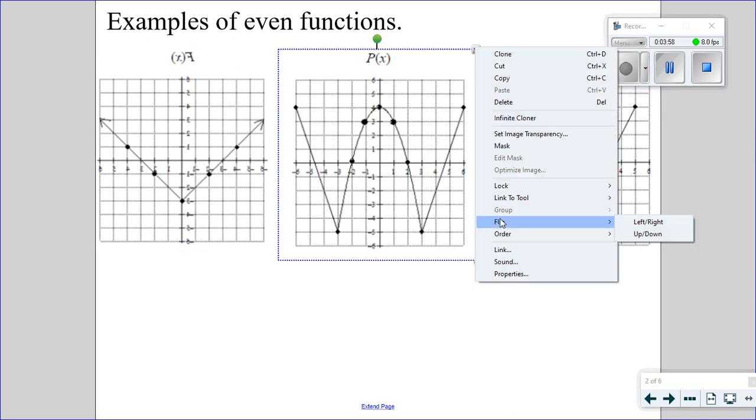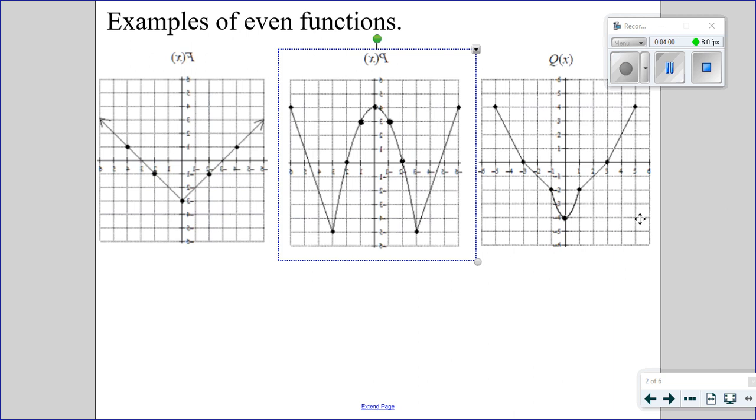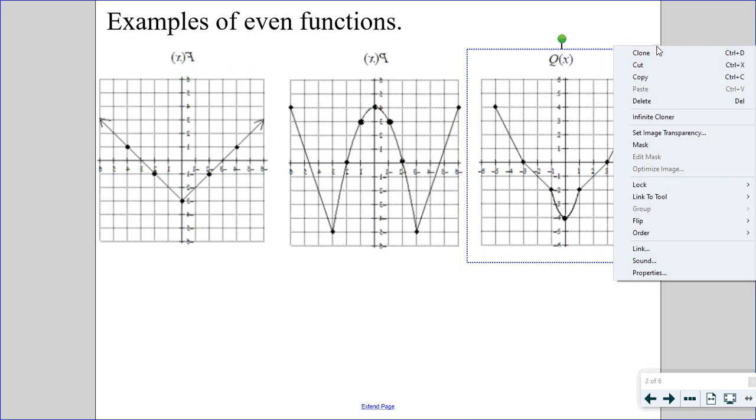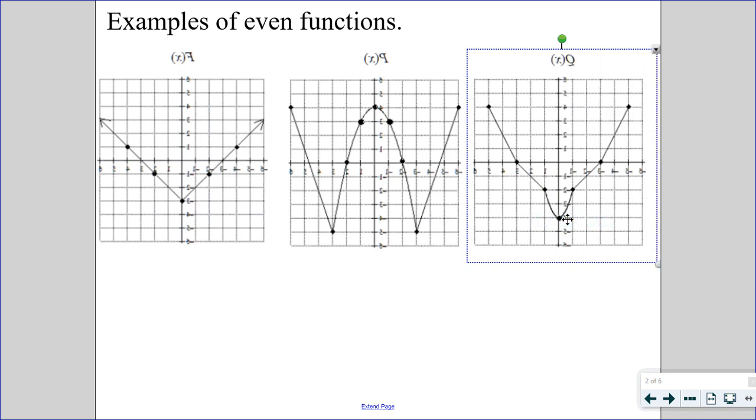Let me flip this graph horizontally or over the y-axis. Again, it still looks the same. And then the same thing would happen with q of x. If I flip the graph horizontally, it still looks the same. Okay, so these are all graphs of even functions.